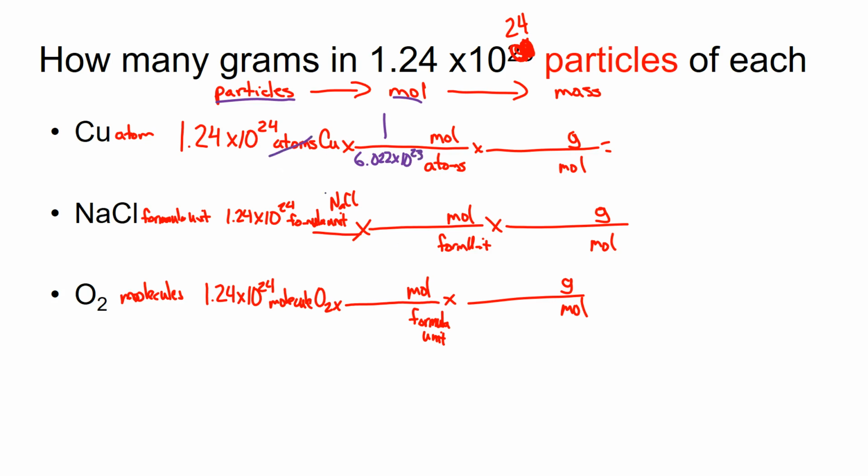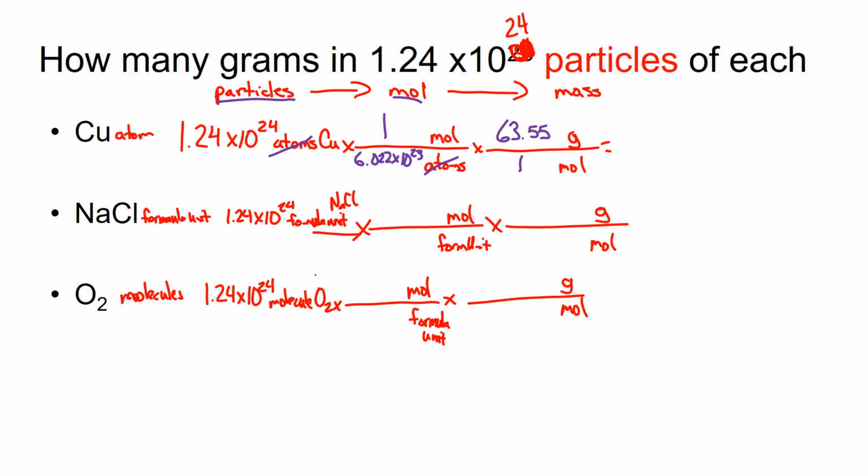And that allows me to get rid of the particles and go to moles. And now once I'm in moles, I can go from moles to mass using molar mass. So for every 1 mole of copper, I have 63.55 grams. Then it allows me to solve it.